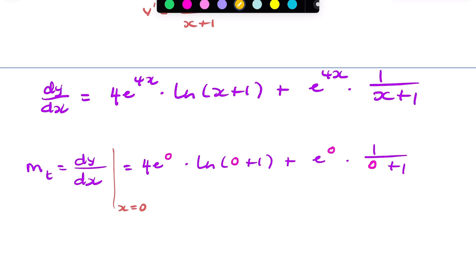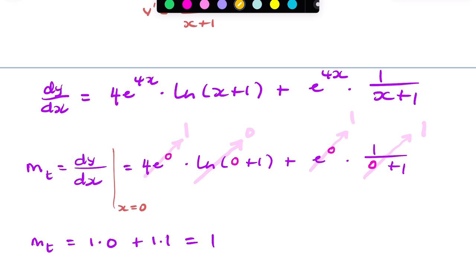Again, if you put this in your calculator, that will give you a 1, that will give you a 1, that 1 over 1 will give you a 1, and that will give you a 0. So the gradient will be 1 times 0 plus 1 times 1, which is 1.